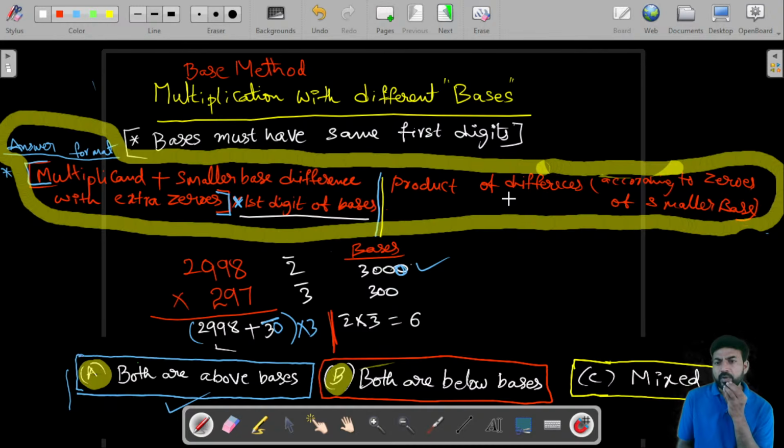But the product of differences is written according to the zeros of the smaller base. We have smaller base 300, which has 2 zeros, so you have to write 2-digit format. You have to write 06, not just 6, because the smaller base has 2 zeros. So what is the answer?